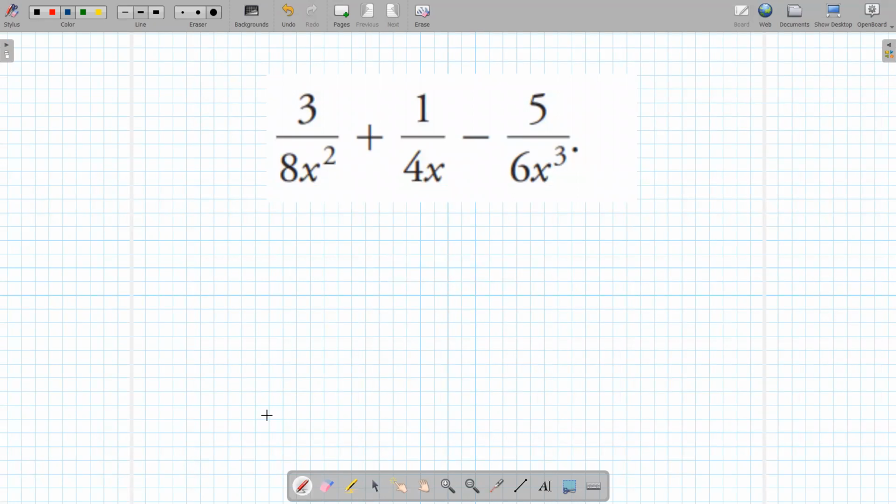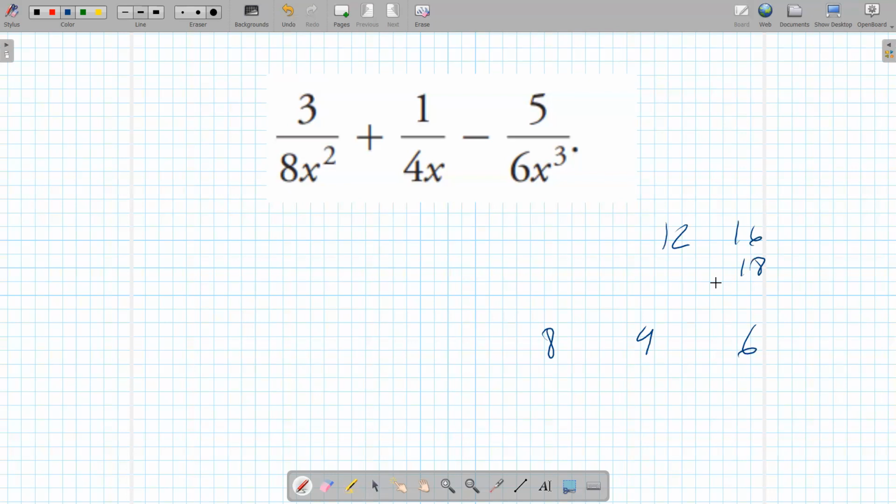What's the LCD here? What's the LCD between 8, 4, and 6? Is it 12? 16? 18?